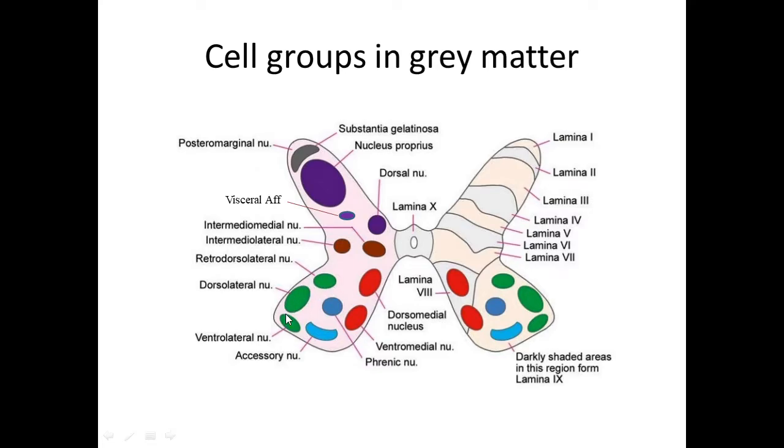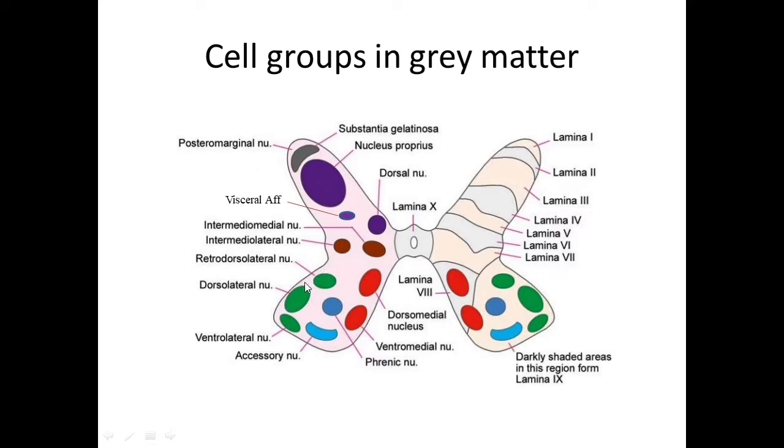Then the lateral group, which is shown in green color, supplies the limb muscles, that is the muscles of the upper limb and the muscles of the lower limb. And this lateral group is present in cervical and lumbosacral enlargement.